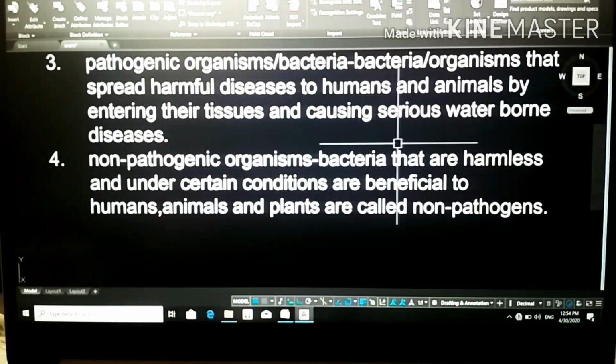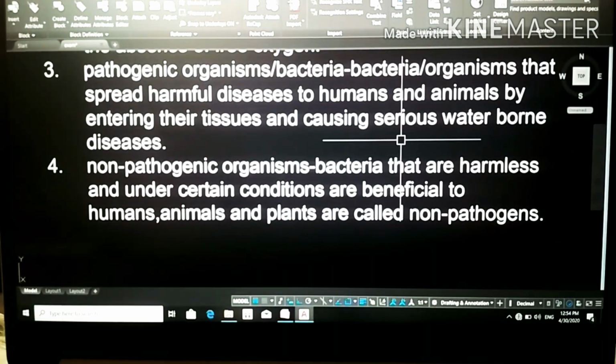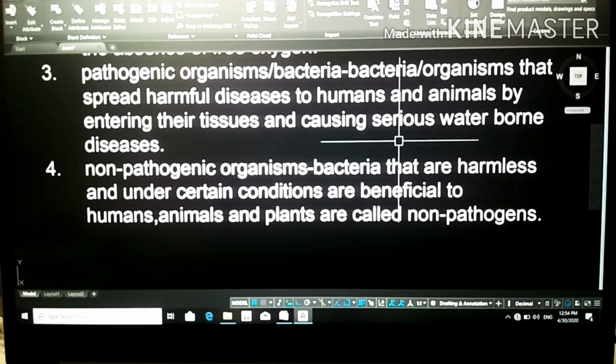The last one is non-pathogenic organisms. The definition says, bacteria that are harmless under certain conditions and are beneficial to humans, animals and plants are called non-pathogens. Not all microorganisms are harmful to humans, animals or plants.